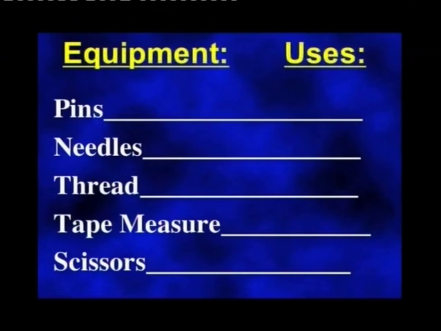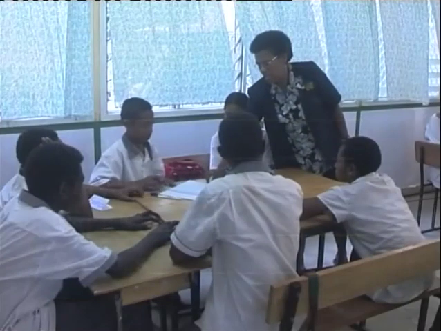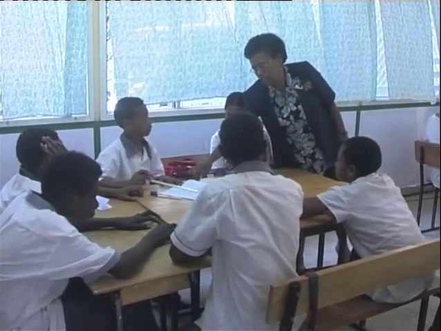Talk about it together quickly and write down. We've already done scissors, so you do the other four. What are pins used for? Taking pins, what are they used for? Okay, just write the names of the equipment down and the uses quickly.